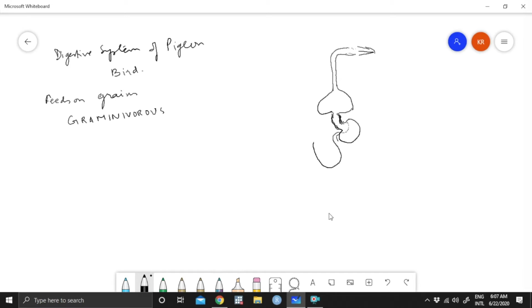From this emerges the duodenum, and this coils several times to form ileum, which I am just showing in a diagrammatic fashion in this way.